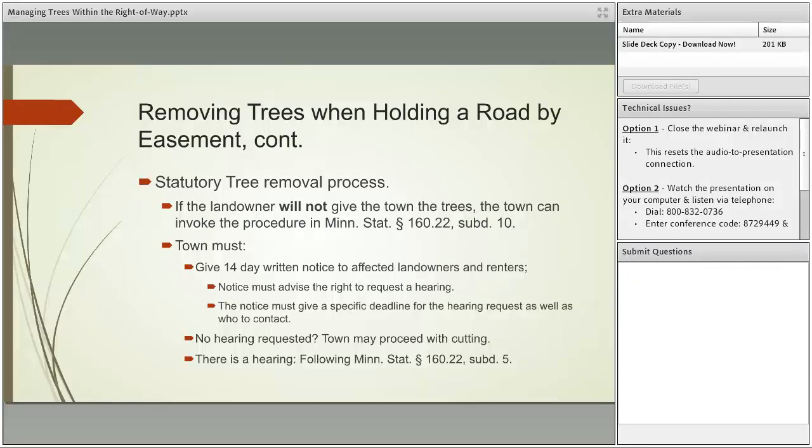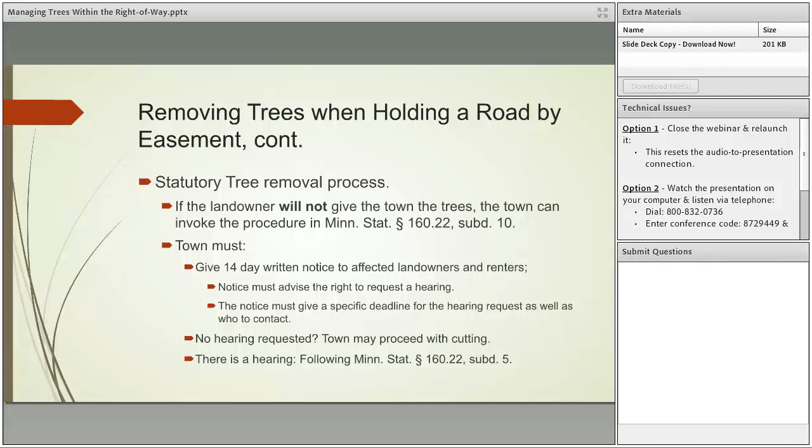Just to begin the process, the town must give a 14-day written notice not only to the landowners, but also to the renters, if there are any people living there who aren't the landowners. And it should also be given to the adjacent landowner. As we'll see later, the other notices do require you to give notice to the adjacent landowner, so it's best to also do that here.